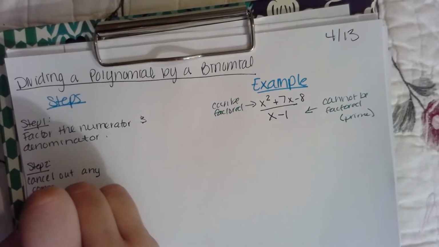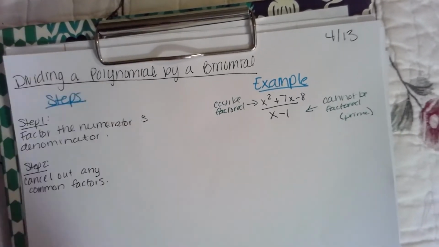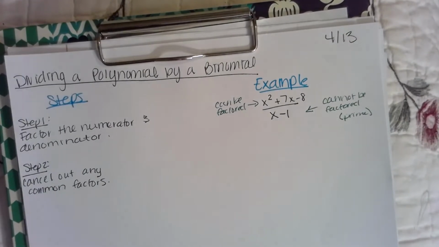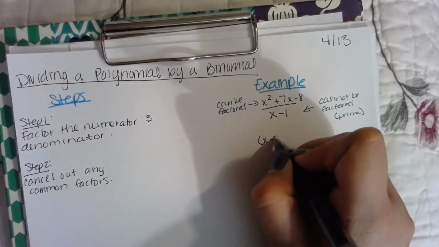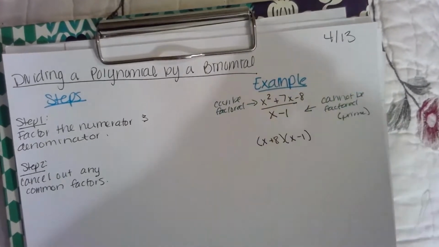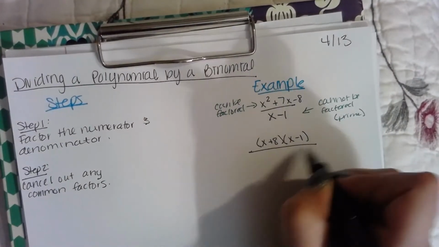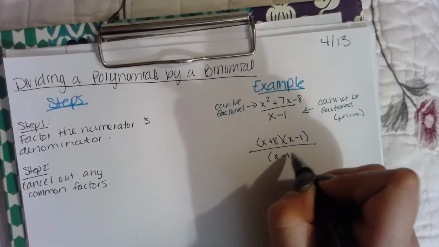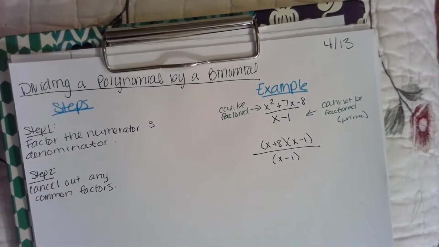So this factors out to be x plus 8 times x minus 1. That's your new numerator, and your denominator stays the same. It stays as x minus 1. And cancel out any common factors. That means if it's in the top and in the bottom, they cancel each other out.